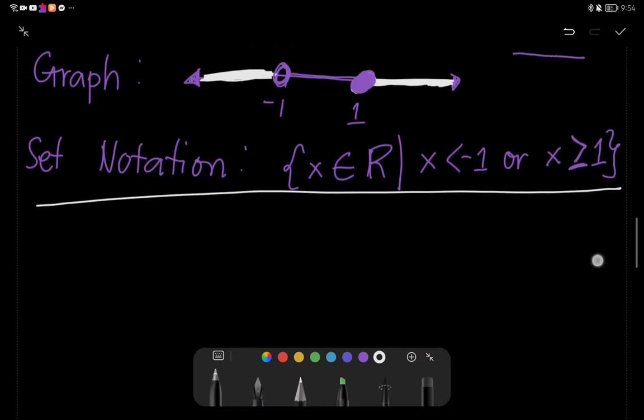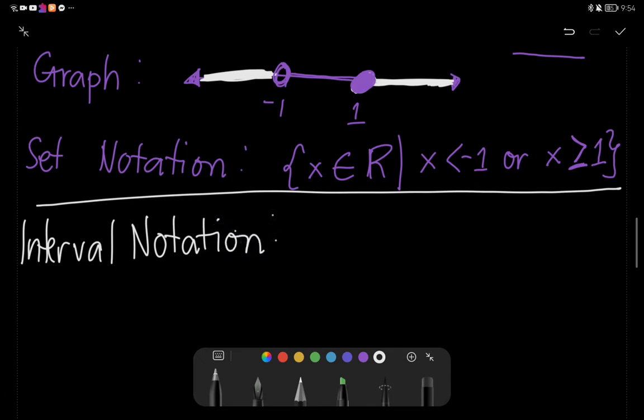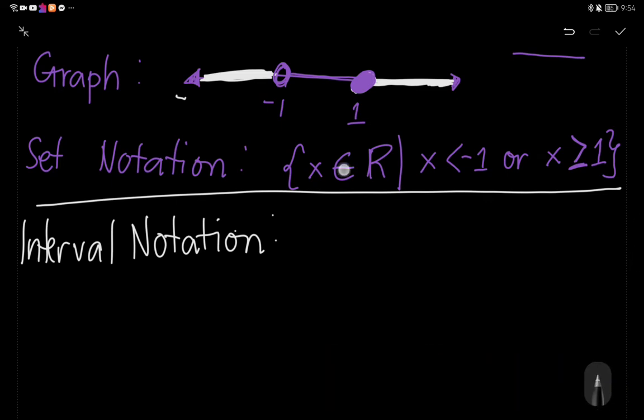And also, we will not forget how to write this in interval notation. Okay. Since this part here, this part going there, pasabot, walay kahumanan kina siya arrow.